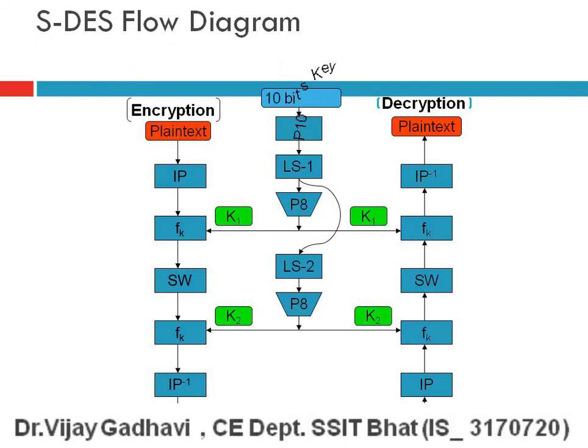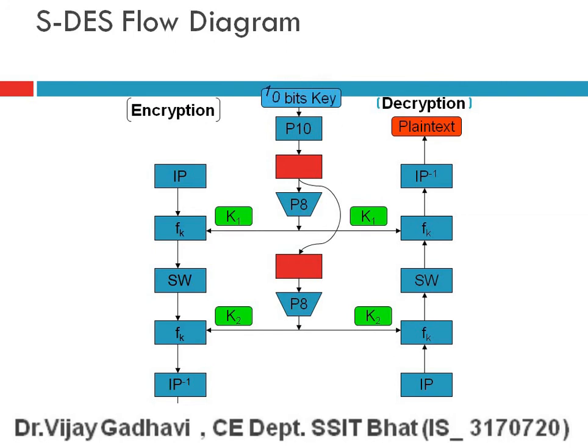This is the SDES flow diagram. You can understand the encryption of plaintext: IP, initial permutation, FK, SW, that means swapping, and the two keys K1 and K2. Encryption is done, then we have converted plaintext to ciphertext.